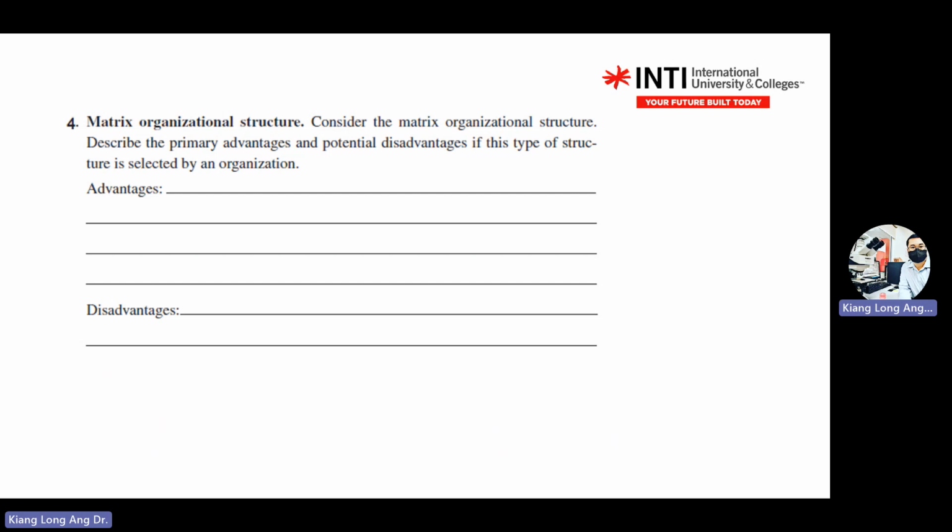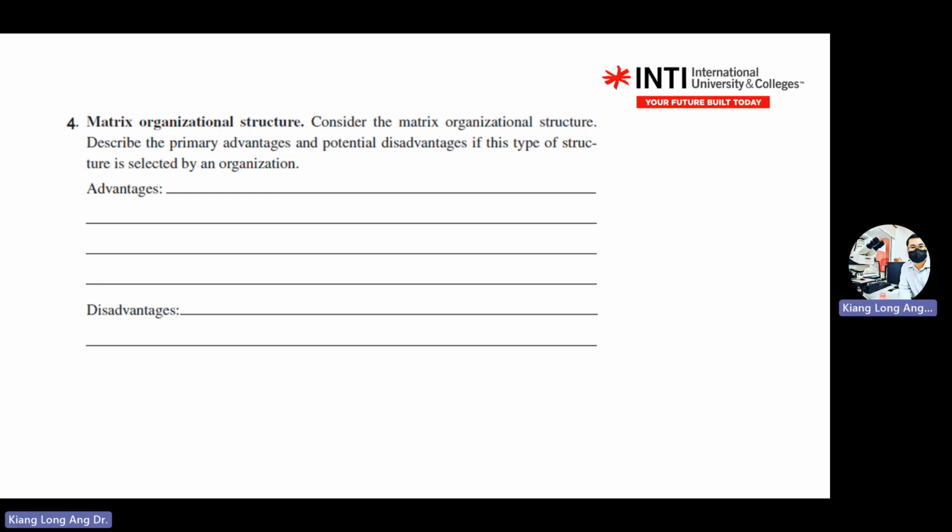Okay, distribute equally, or another better word is better utilization of resources. Better utilization of resources, or you can elaborate on that. Then what about the coordination between functional units?